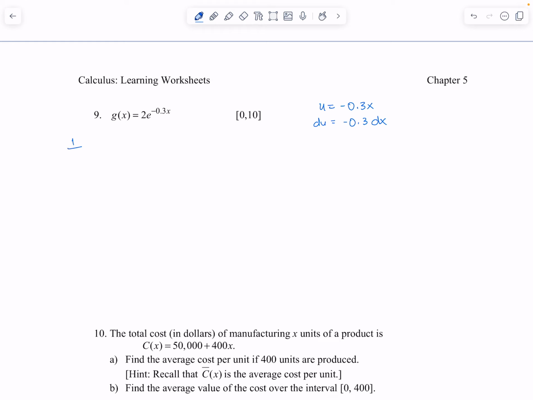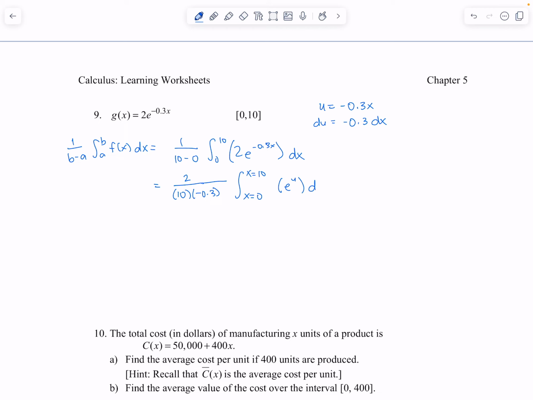So we'll start with our formula, plugging it in, 1 over 10 minus 0, integral from 0 to 10 of 2e to the negative 0.3x dx, which would give us 2 over negative 0.3, we've got the integral from x equals 0 to x equals 10 of e to the u du.